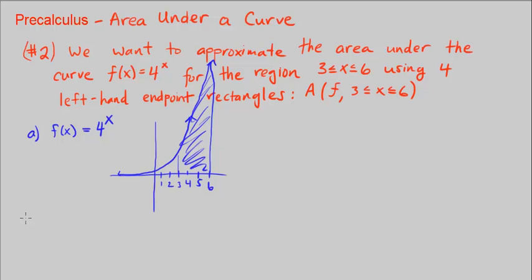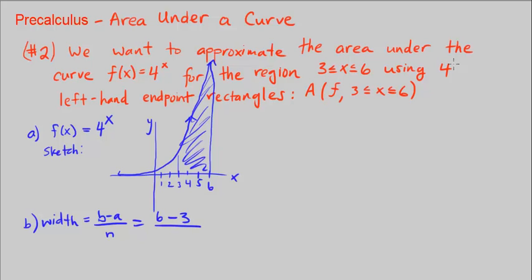Part B, we want to go ahead and find the width. So this was our sketch. This is our x-axis and our y-axis. Part B, we want to find the width of each rectangle in this region, right? And we know that that's equal to b minus a over n. We know b is where we're stopping the region, so that's 6, minus a is where we're starting.